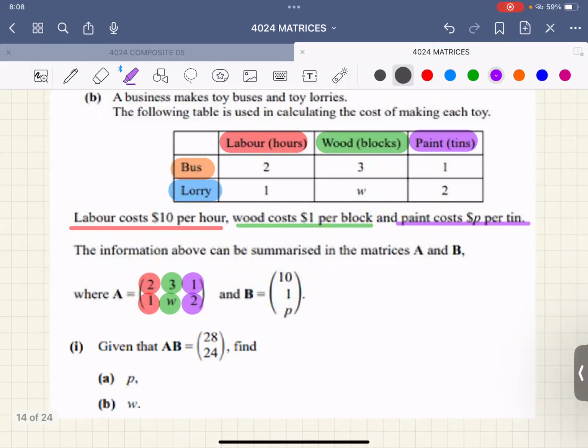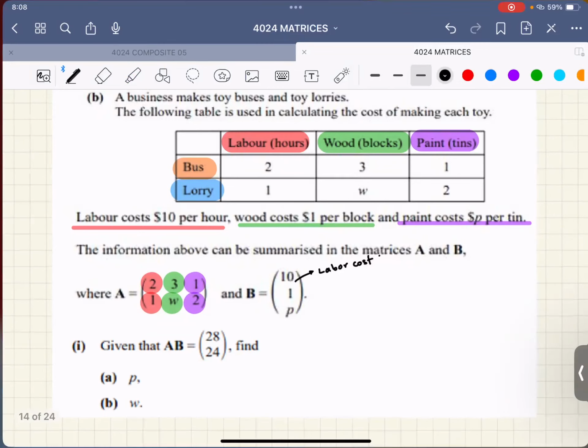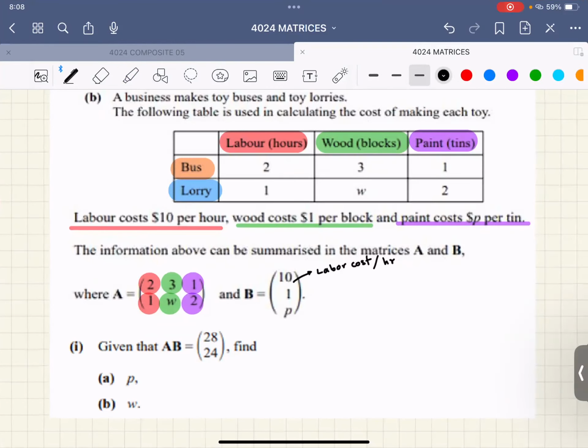What is this? This is the rate. So this is the labor cost, which is right over here. This is the labor cost per hour. This one is the wood cost per block.